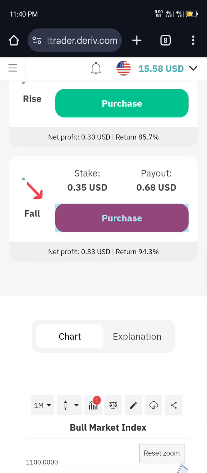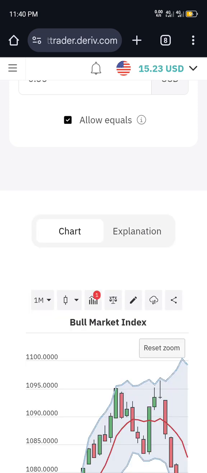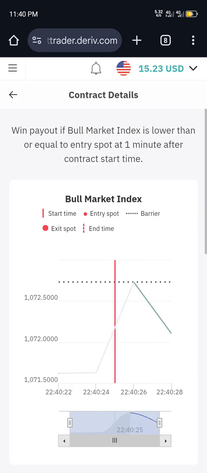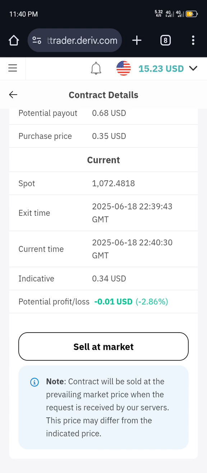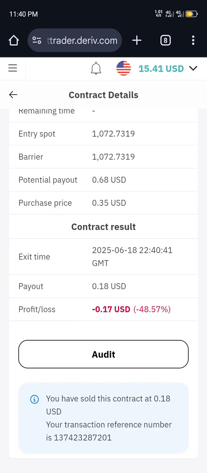Okay, I place the trade. All right, let's see. Okay, my sell at market is 15. I've seen something, so I tried to cut the loss short and it closed at 17 cents.